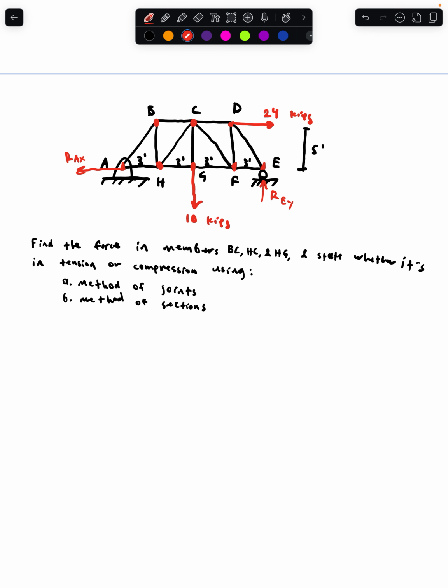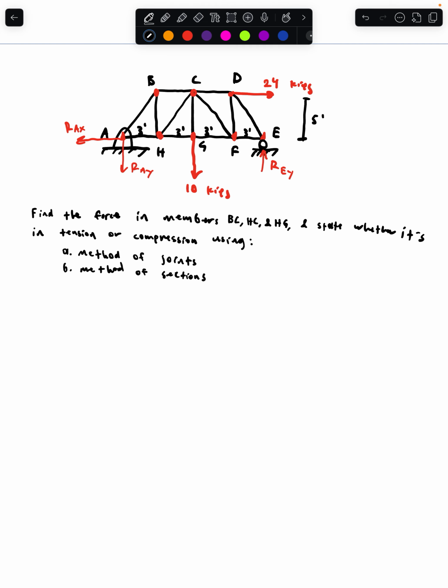I'm going to assume that this is going down, just because this load here is so large. It doesn't matter if you get these backwards, you'll just end up with a negative answer, and so you'll just have to flip the arrow to bring it to a positive number.